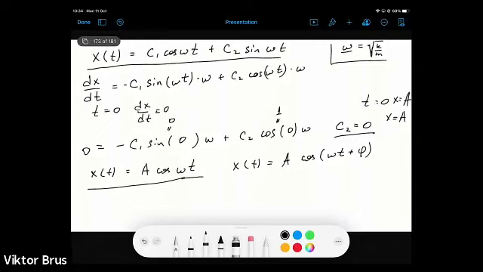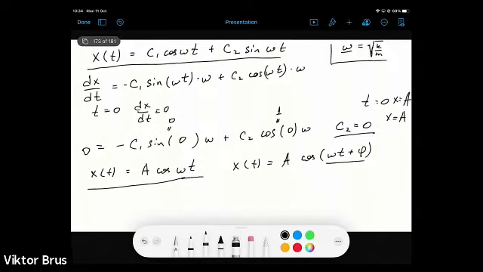And phi here stands for the phase constant. So it shows at which phase this simple harmonic oscillation started. And this omega t plus phi gives us the phase of the simple harmonic motion.